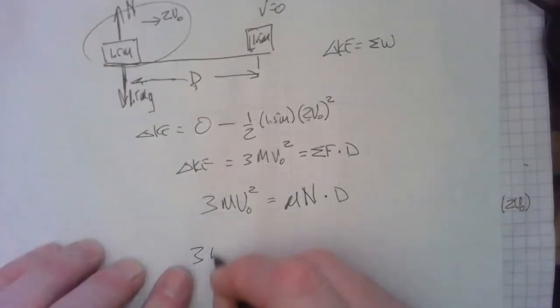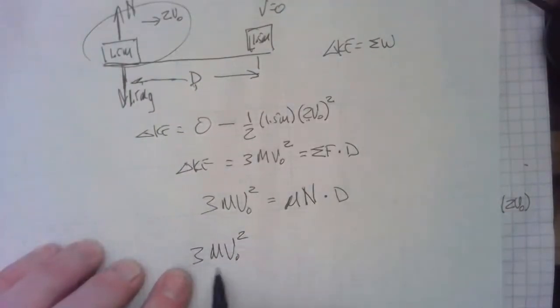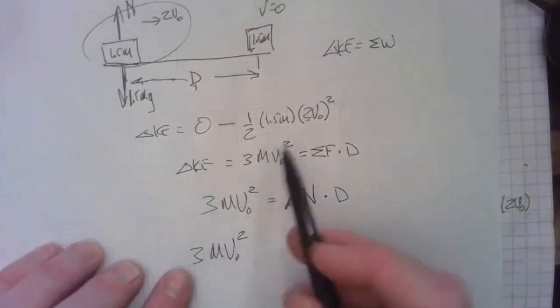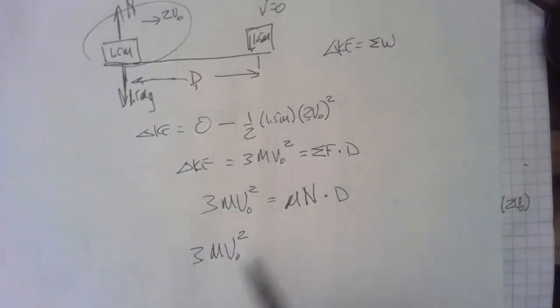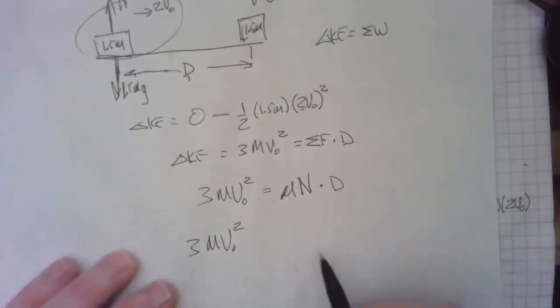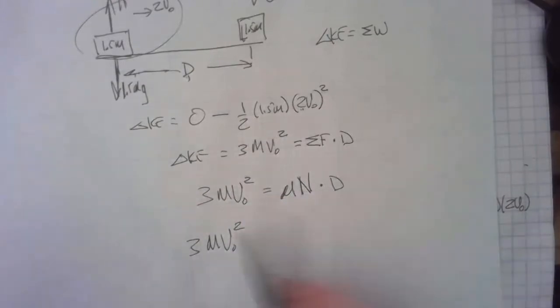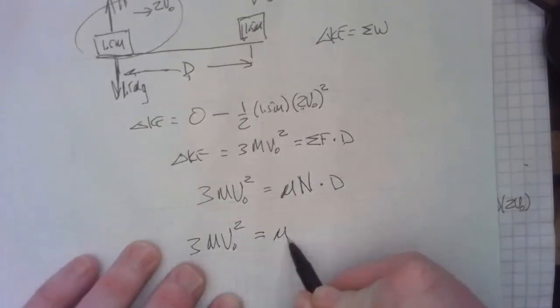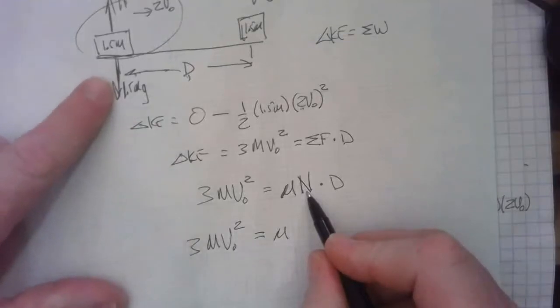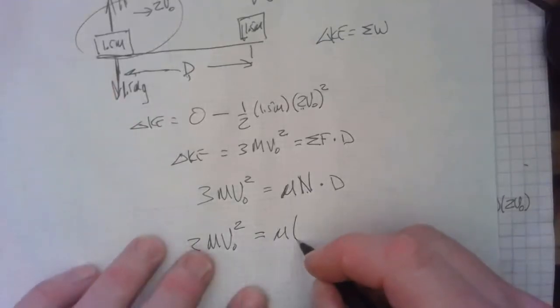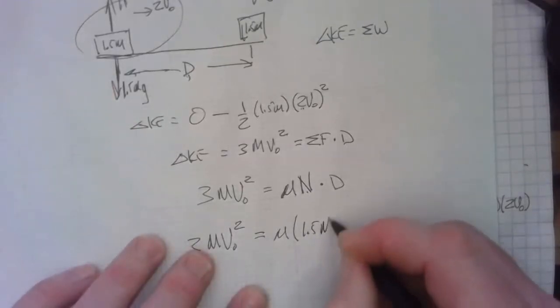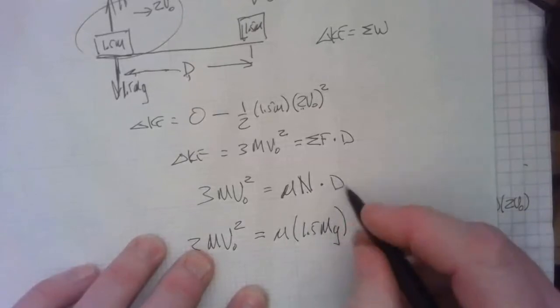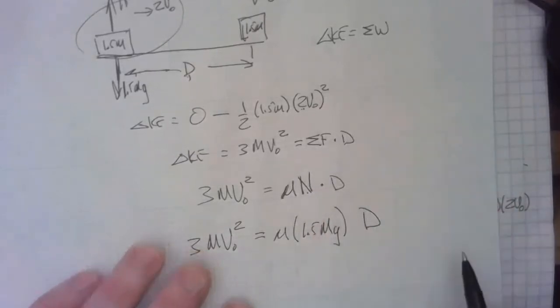So I have 3 m VO squared, that's your change in kinetic energy. I dropped the negative because I'm going with magnitudes for now. What would happen is this force is negative, and so they would go away anyway. Equals mu times the normal force, which is the same as the weight. So that's going to be 1.5 mg, and then the distance comes in because we're doing work over here.